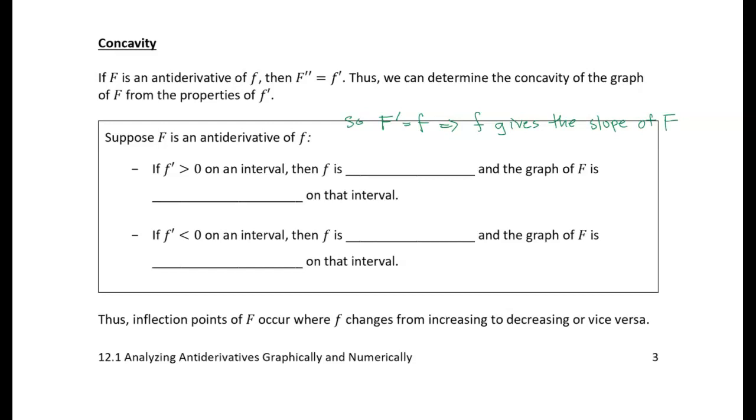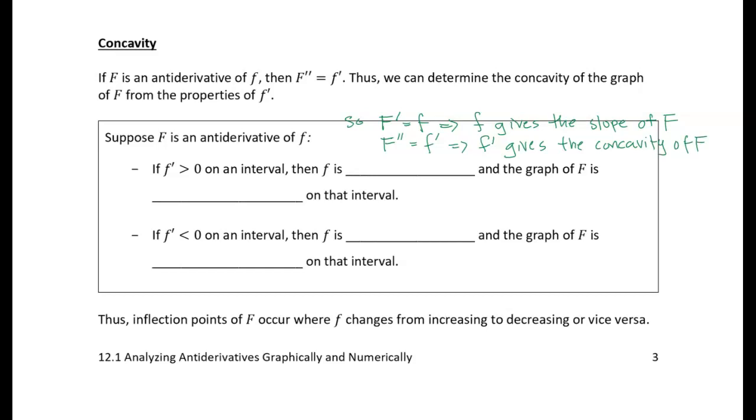And f prime, the second derivative, F double prime, is the derivative of lowercase f. So f prime gives the concavity of capital F.